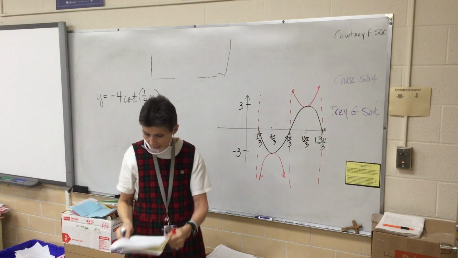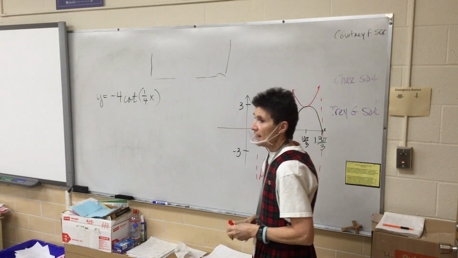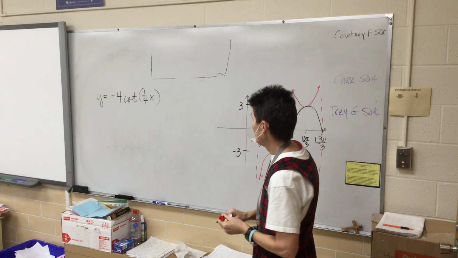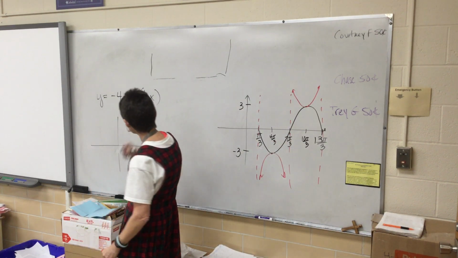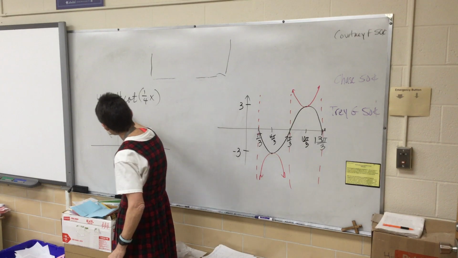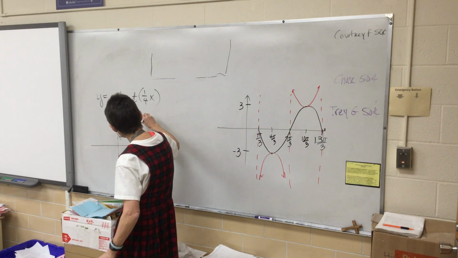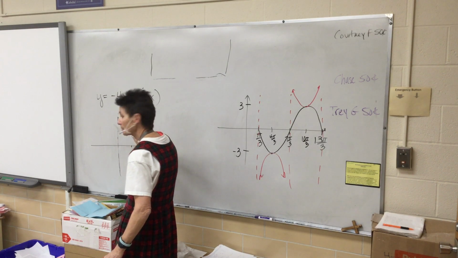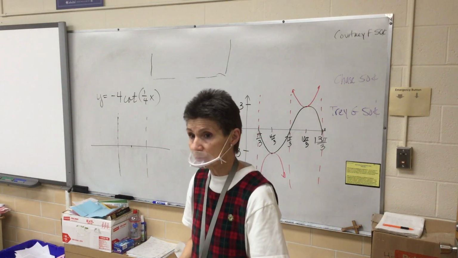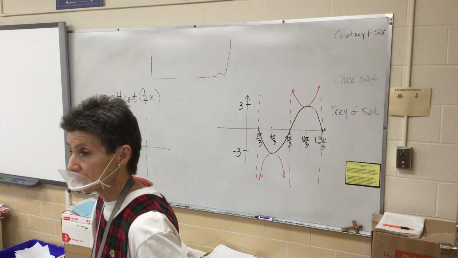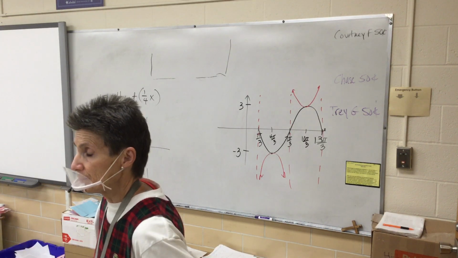Now, we do not have any shift here. And that's actually good news because I can jump in immediately and say, I don't know what the labels are, but this is a cotangent. So I'm going to have an asymptote here and an asymptote here because it hasn't shifted. And cotangents have an asymptote at the origin, unless you've moved it.